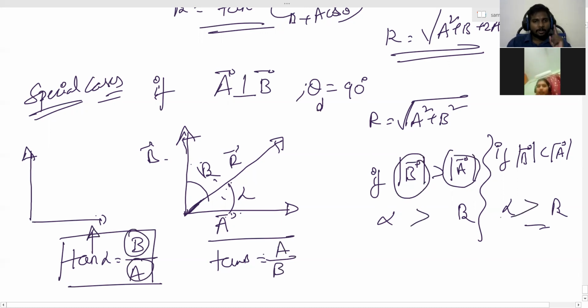But one thing I'll tell you, this is with the formula. If you want to go with just the diagram, a person A is pulling an object with force A, and a person B is pulling another object with force B. Assume that it is you and your brother. If your brother is applying more force perpendicularly here, the resultant will be towards your brother, or not?